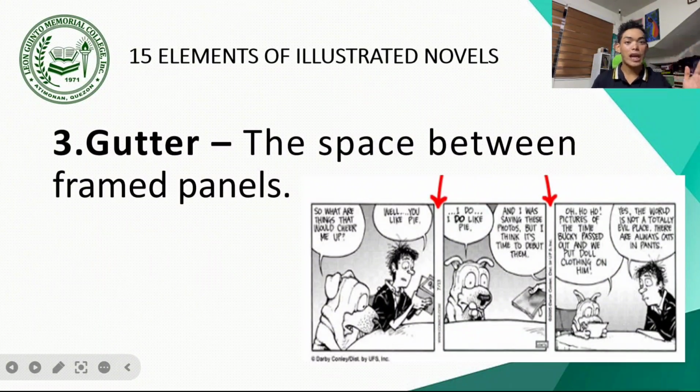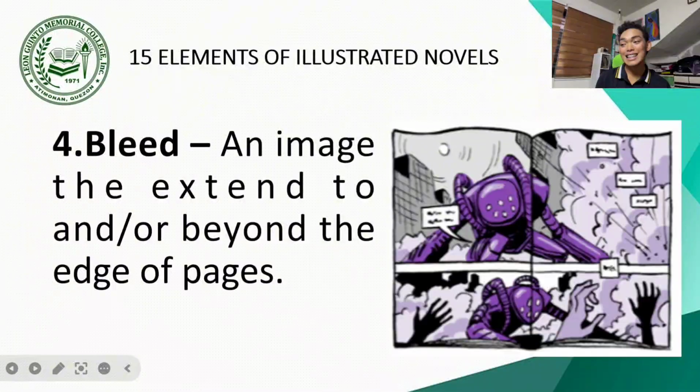As you can see, on my examples, the panels have space. On the fourth one, we have bleed, which is an image that extends to the end or beyond the edge of the page. So can you please check the examples?